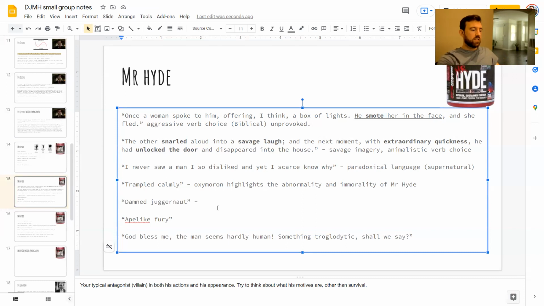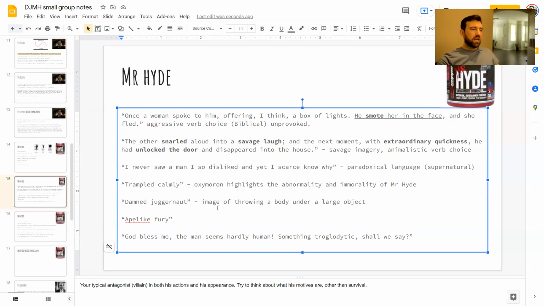And so this is an image of throwing a body under a large object. You've probably heard that word juggernaut before. It's normally like this big force, basically. And so the fact that Hyde's a little man, but he's described as being this big force, also adds to the supernatural, and it adds to his evil.